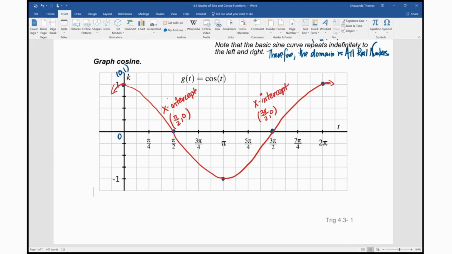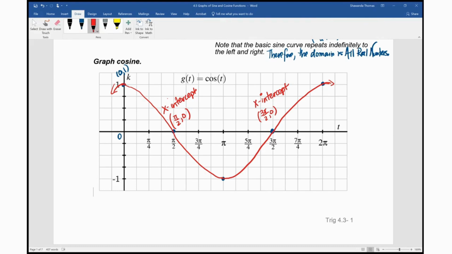What are our maximum points? 0, 1, and then 2 pi, 1. I'm sorry, I say stuff like that. That maximum 0, 1 is also called a what?